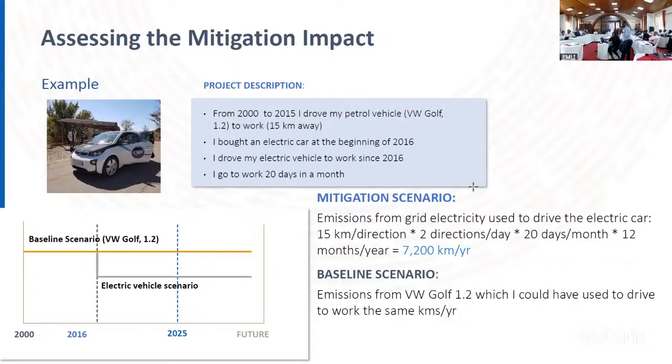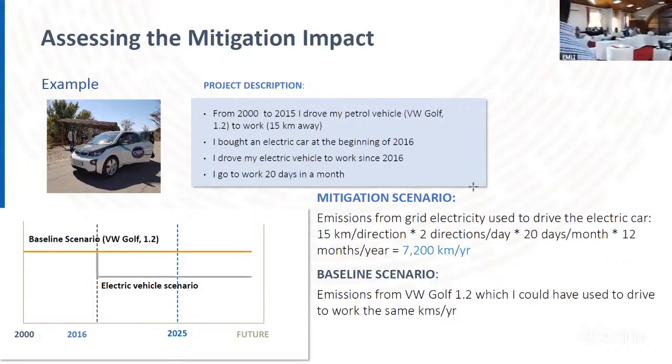And then assuming the car is electric, it will still cover the same distance, but between 2016 and now he has been driving the electric vehicle. And because he still likes his job, he attends at least 20 days in a month, right? So you find that our baseline scenario, in this case, would have been if Stephen had remained driving his petrol car even after 2016.